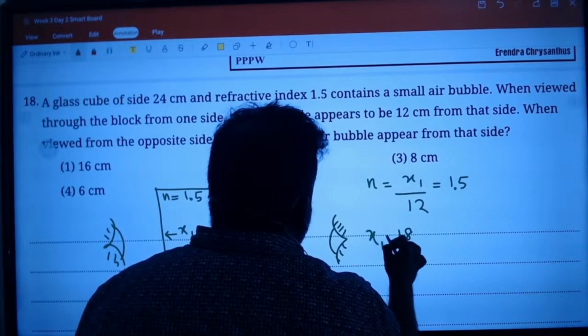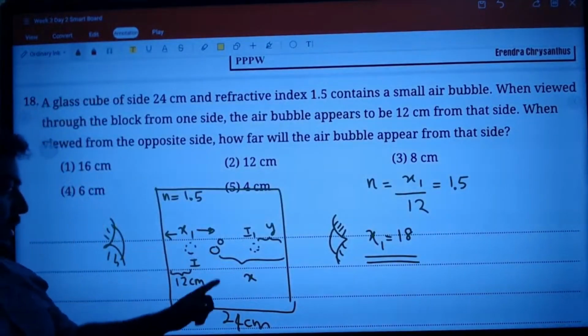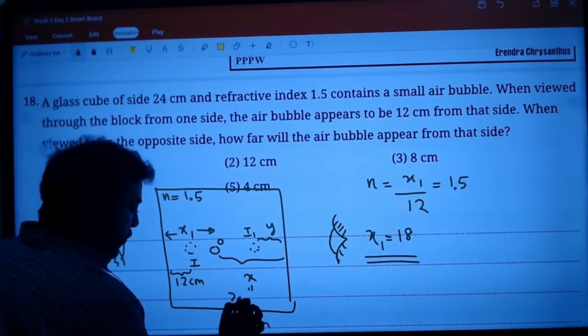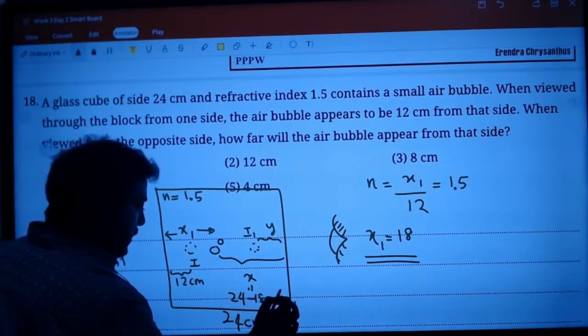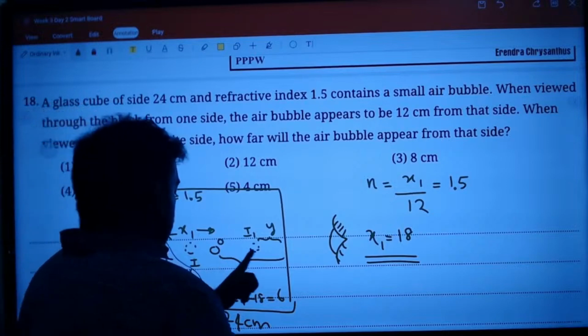So x1 is equal to 18. So how much is x? x is 24 minus 18, how much? 6. So x is 6.